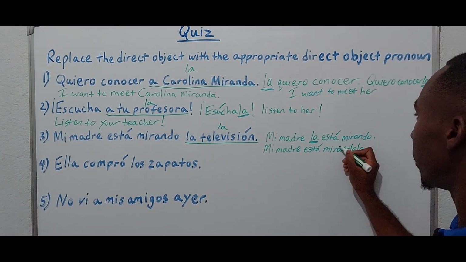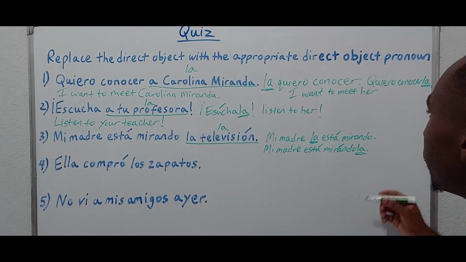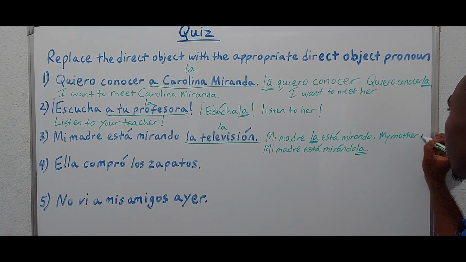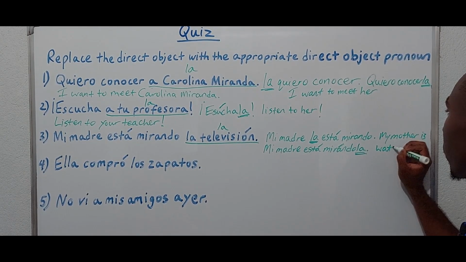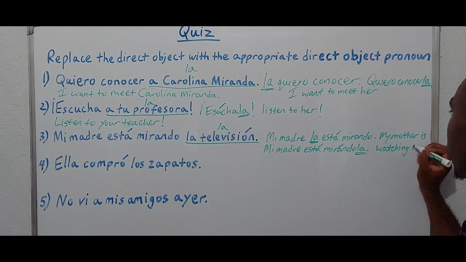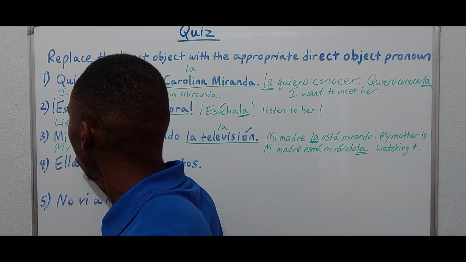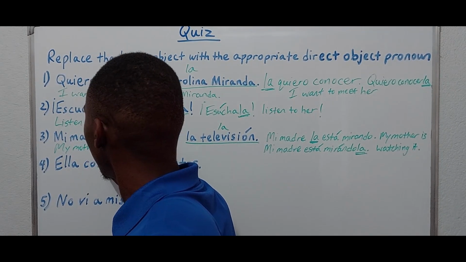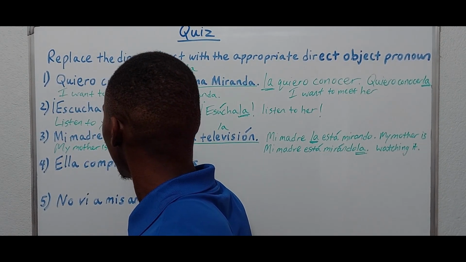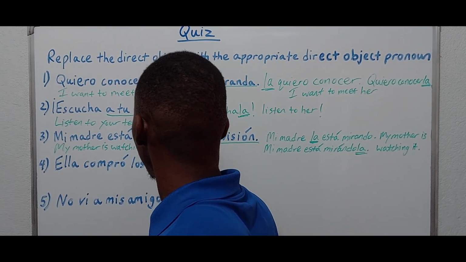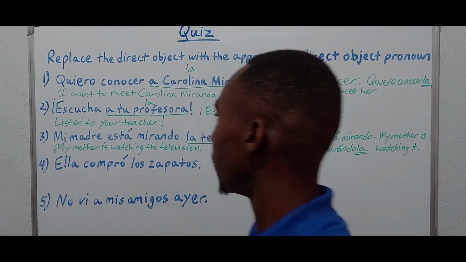So 1, 2, 3, mirándola. Right? My mother is watching it. Right? So my mother is watching the television. All right, 4.